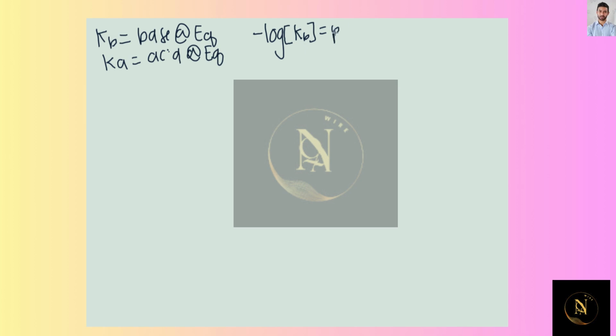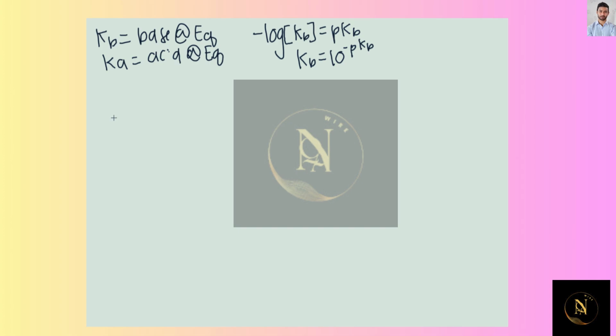It is universal, especially in chemistry, as a shorthand notation. Also, we can find Kb by doing 10 to the negative pKb, and we'll be using that for questions C and D as well.